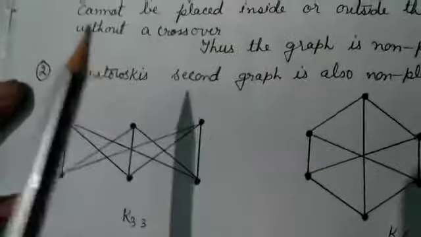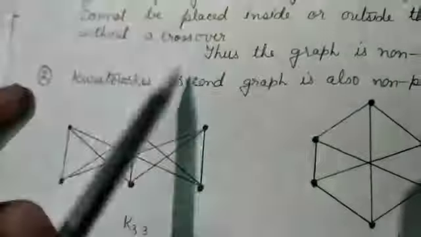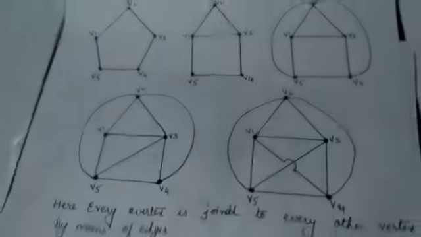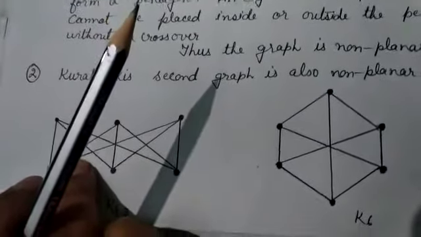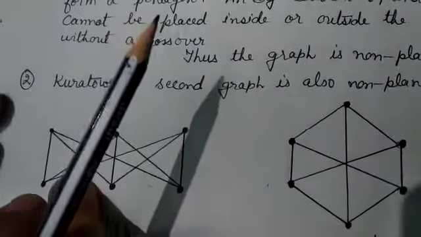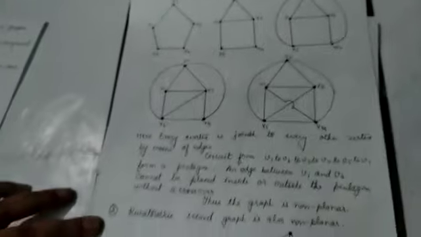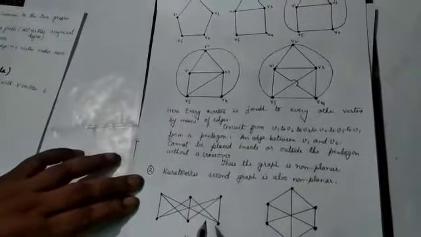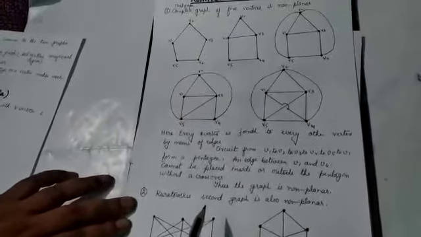So what properties are common to both the graphs of Kuratowski's? Both graphs are regular graphs, both are non-planar. All the vertices are of equal degree.